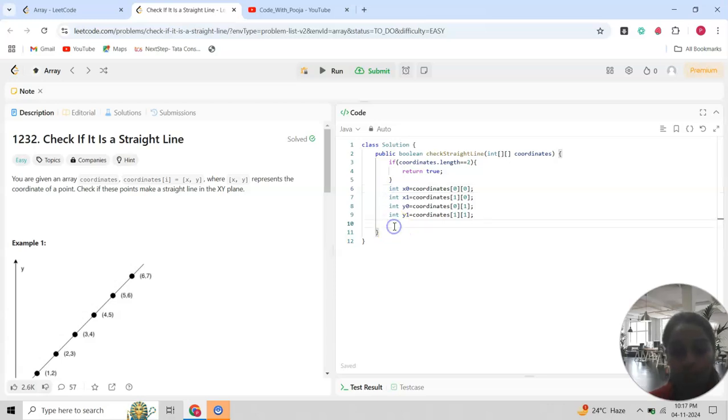Now after this I will use a for loop. int i equals 0, i is less than coordinates.length minus 1. Now I will take the next two points.